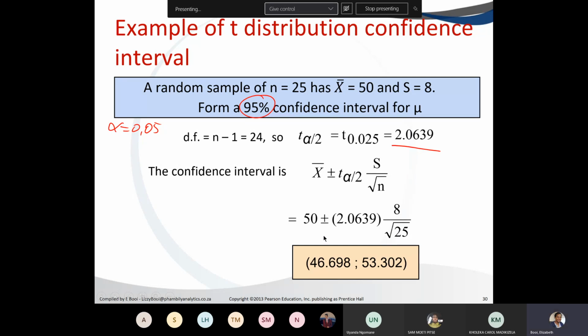And we will find that the confidence interval is between 46.698 and 53.302. So the calculation works almost the same, whether the population standard deviation is given or not. We will still work it out the same way.